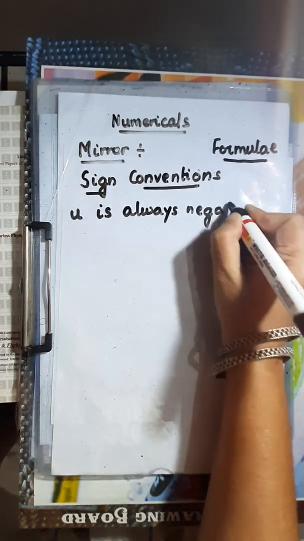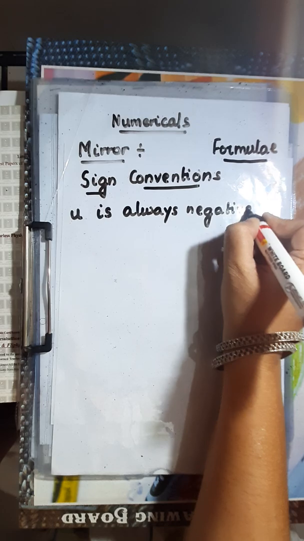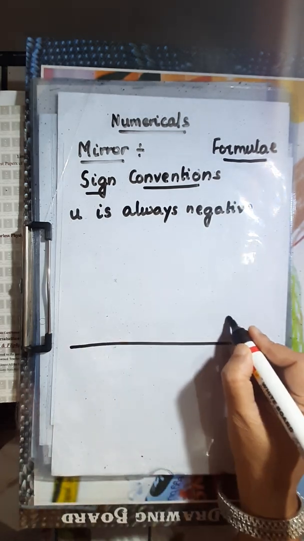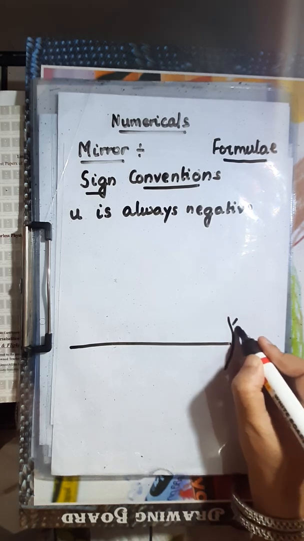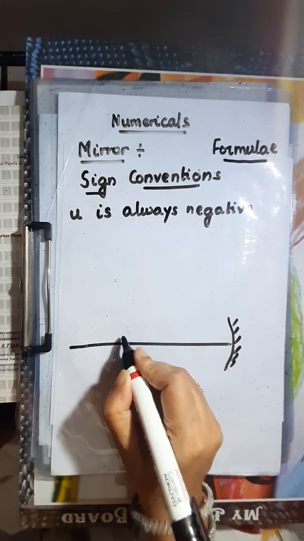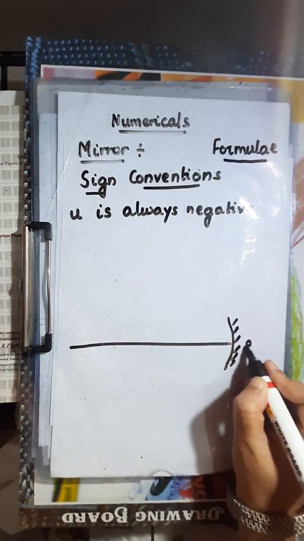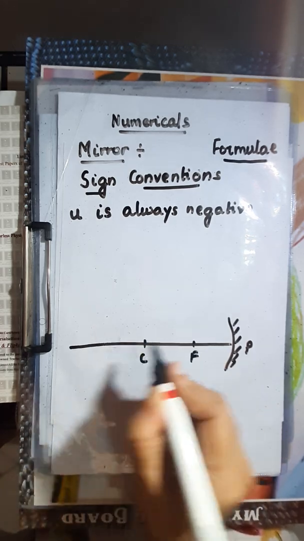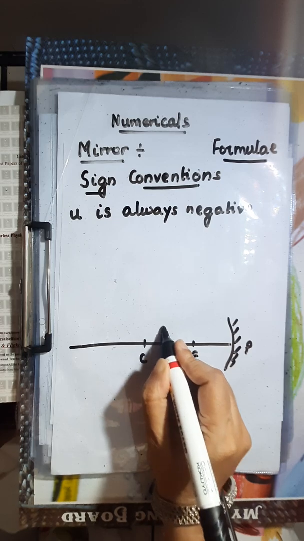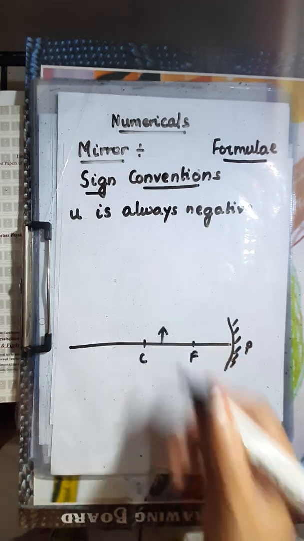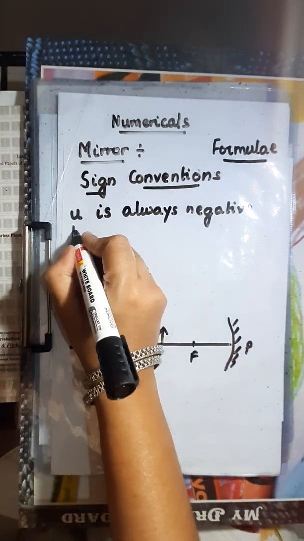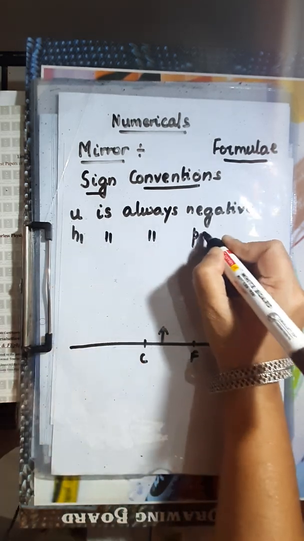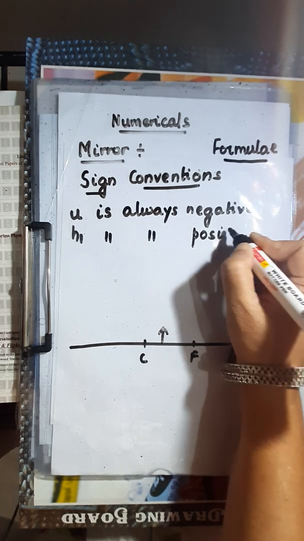Whenever I draw a ray diagram, with this as my pole, my focus and my center of curvature, wherever I place the object, it is always placed above. So h1 is always positive. Can we remember this much?